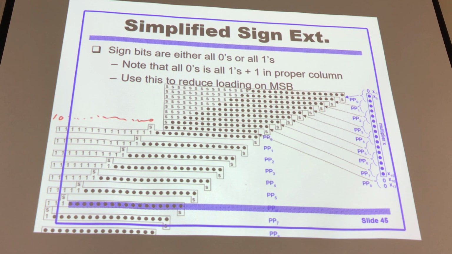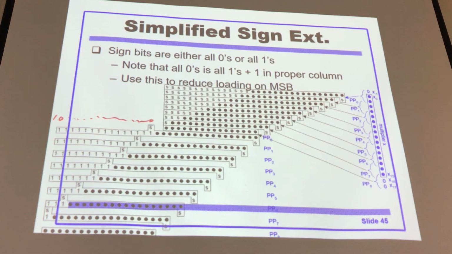If s is 0 and s is all 0, they are again the same. Likewise, for the other row, they are all the same. So these two are equivalent.